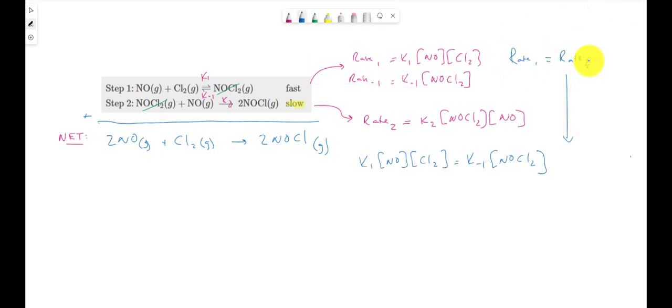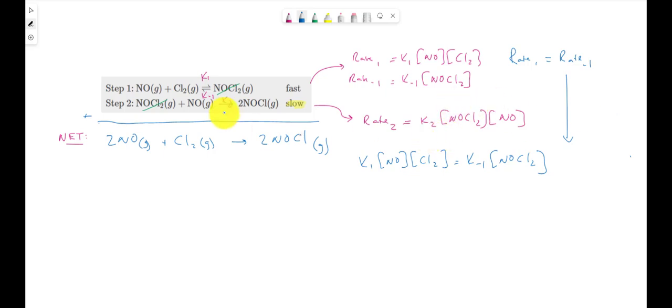So if rate 1 is equal to, that should be rate minus 1 here, then we can set up this condition that we have an equivalency, and we have that written down here. Now we can solve for NOCl2 and try to pop that into the equation to get rid of that.